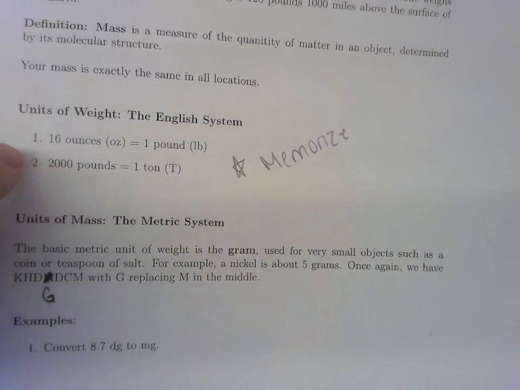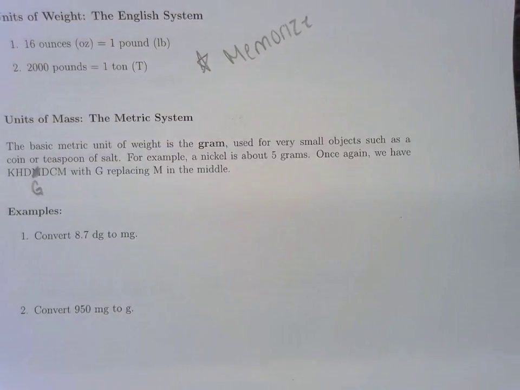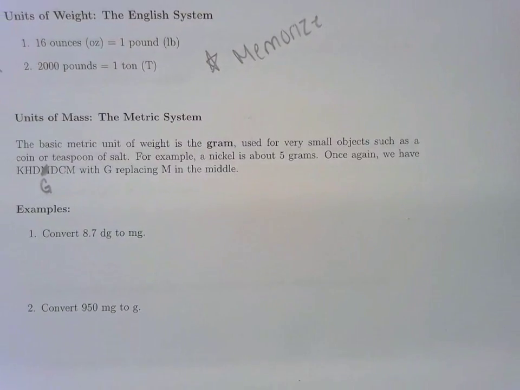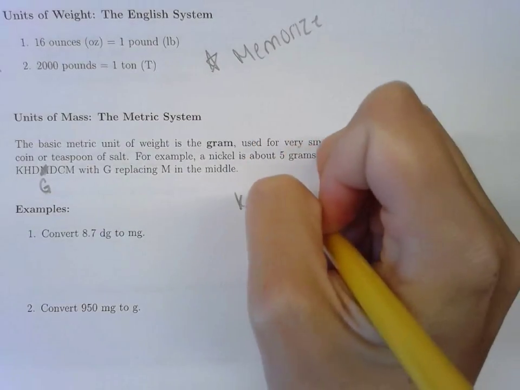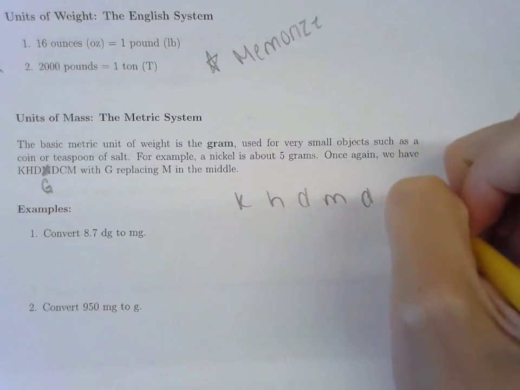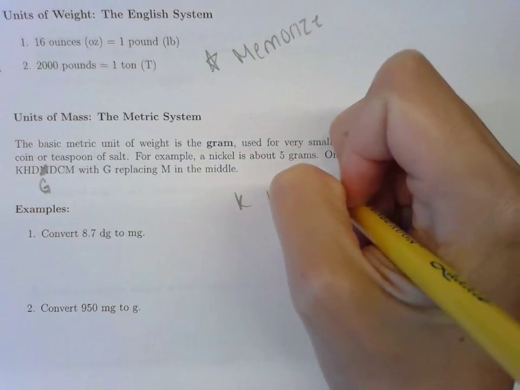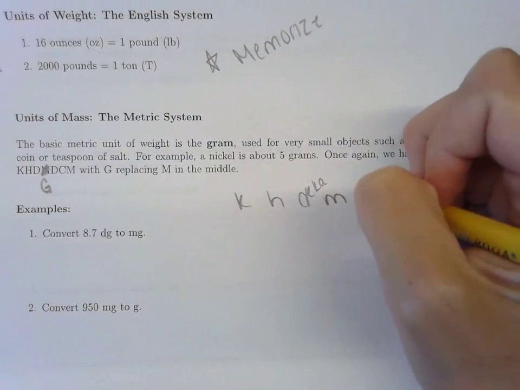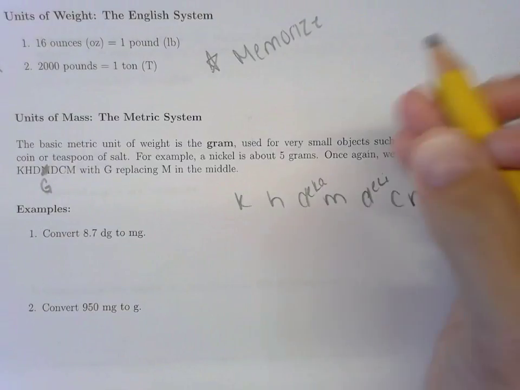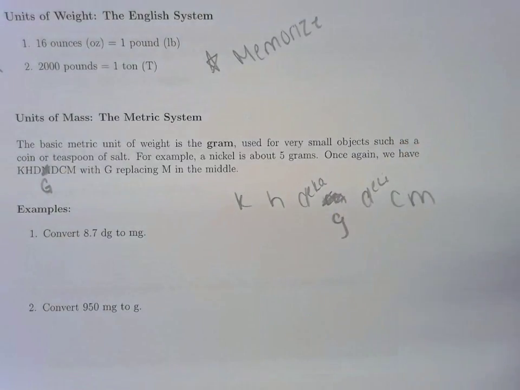Okay, number 1, convert 8.7 decigrams to milligrams. Okay, so we have King Henry died Monday drinking chocolate milk. I always kind of add in these D's. So this is decagram, this is decigram. This M changes to a G for gram.